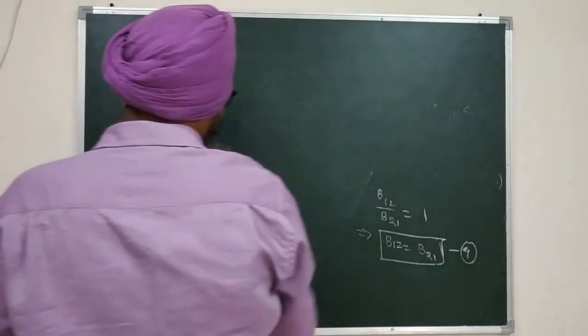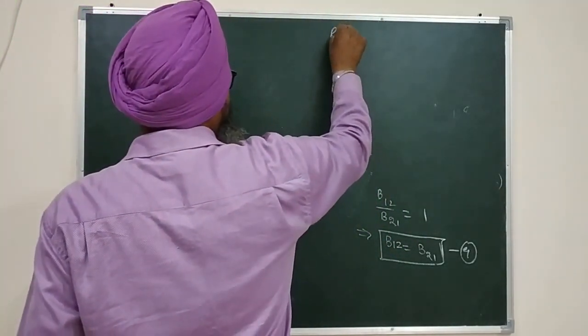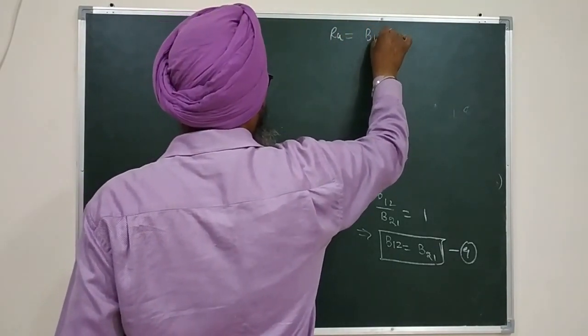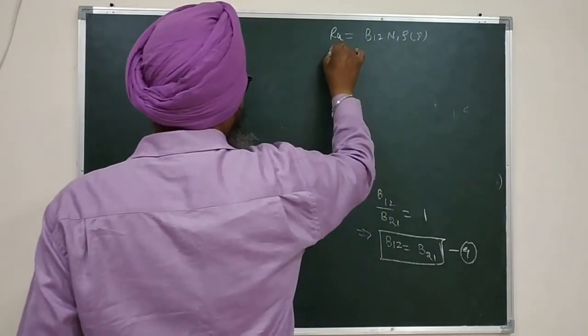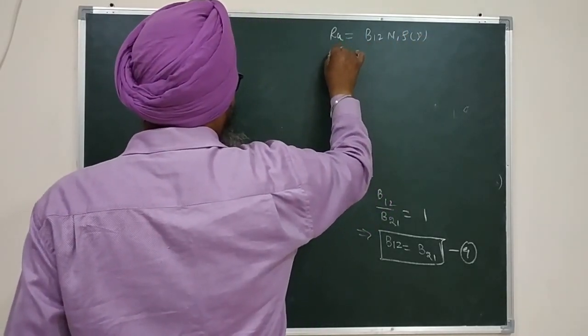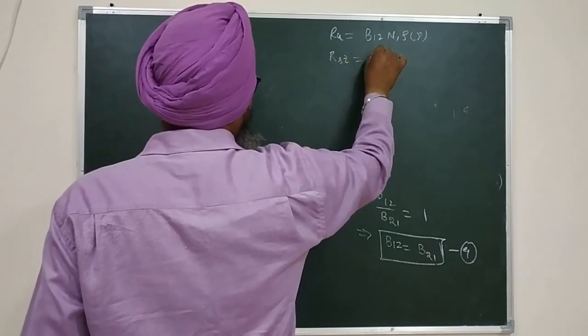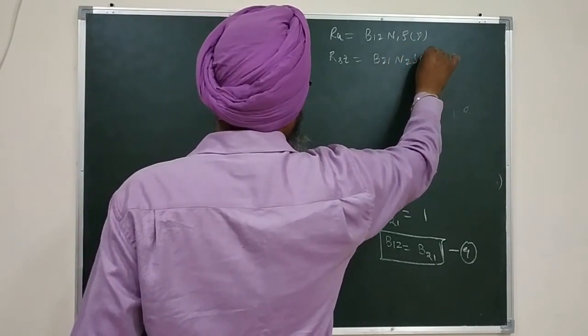Now we know that R_A is equal to B12 N1 rho nu. We also know that R_ST is equal to B21 N2 rho nu.